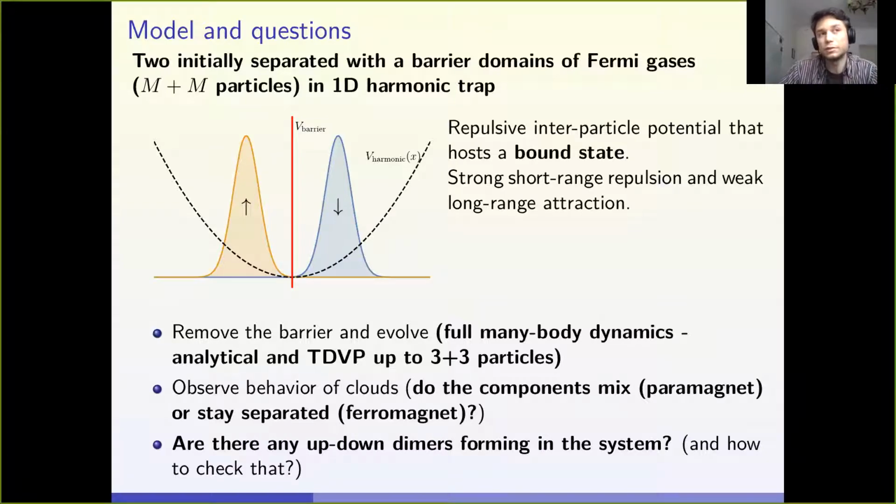So we want to address the question: what happens if our potential has a bound state? Can we really say if we have molecules in our system, and how to check that? How to formulate theoretical observables that would give us the answer to the presence of molecules in the system?